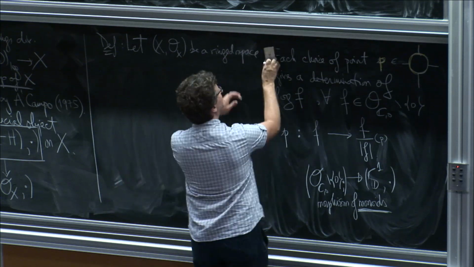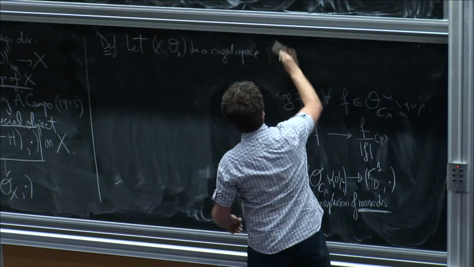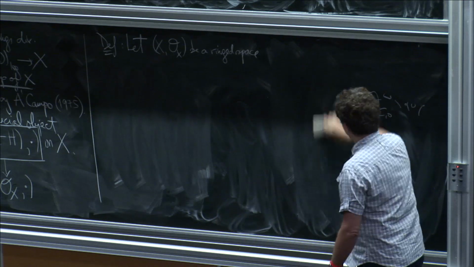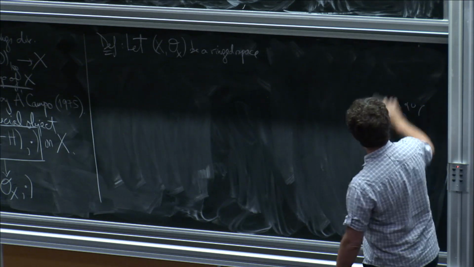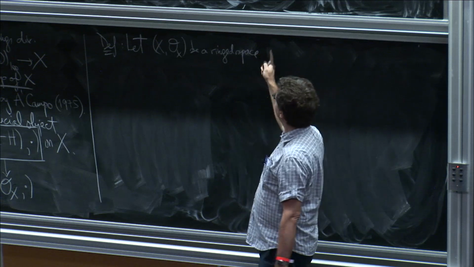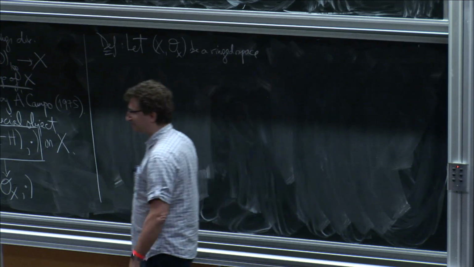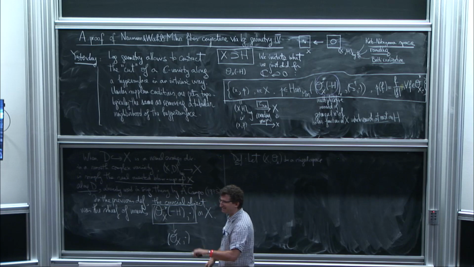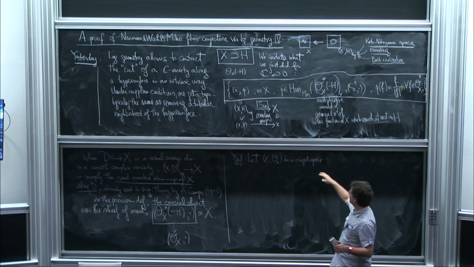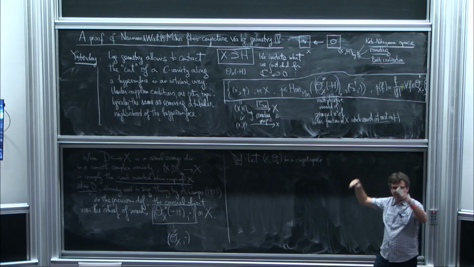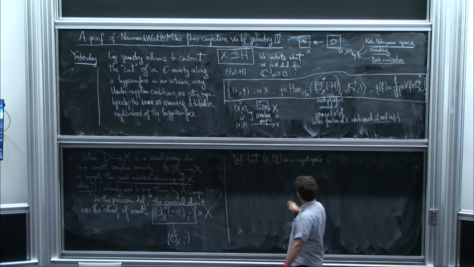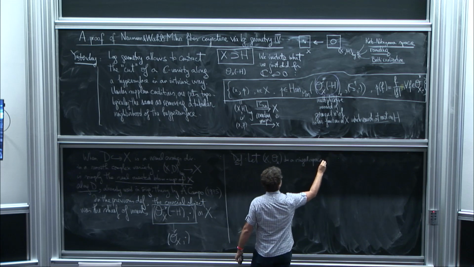If I wanted to look very clever, I would say ringed topos, but I won't write it. In any case, this is something valid over any kind of space you need. And you have a ringed space.